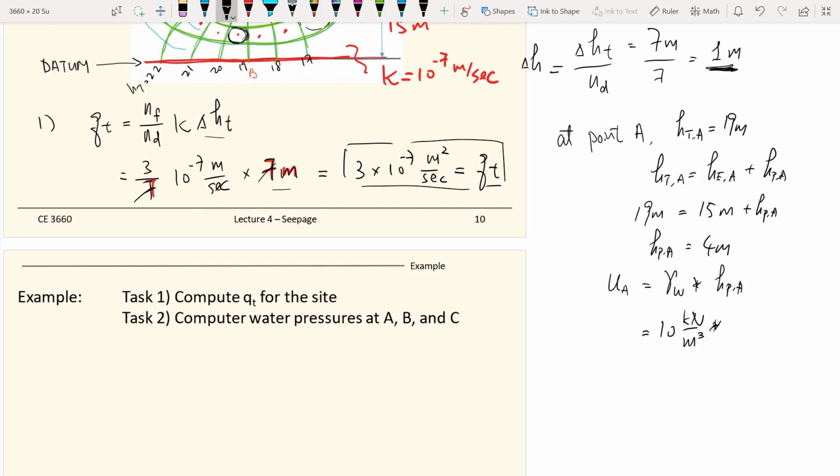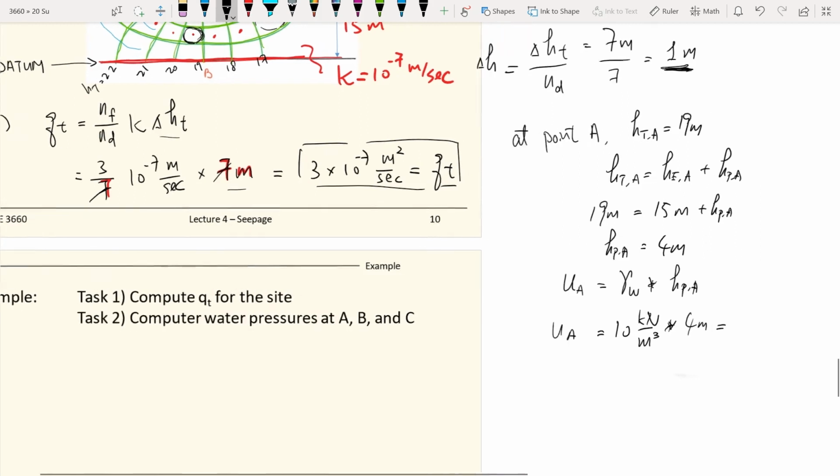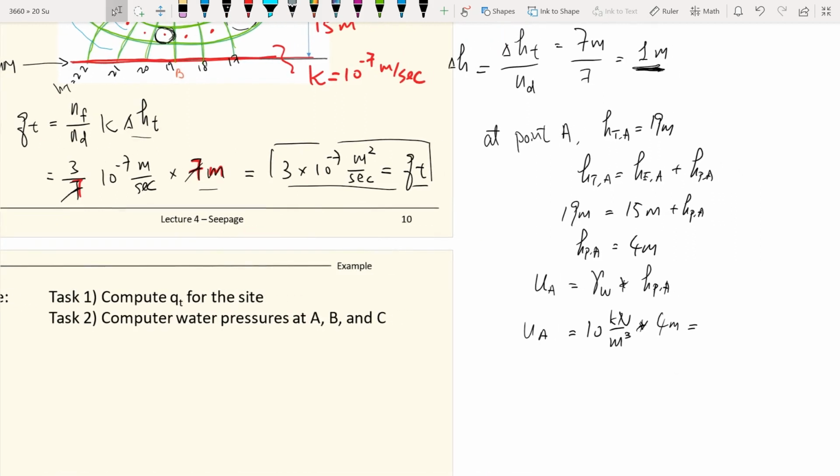And the potential head is 4 meters. So through the flow net, you just draw some quick picture, maybe on your clipboard, then you can quickly estimate your water pressure at point A is about 40 kilopascals.